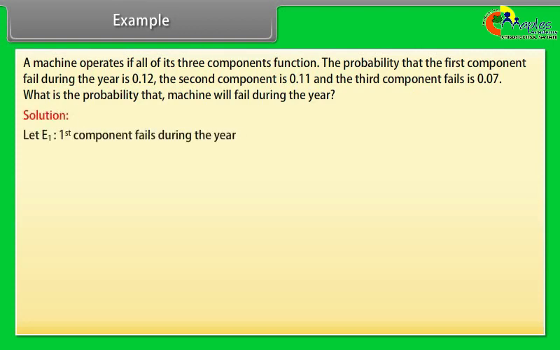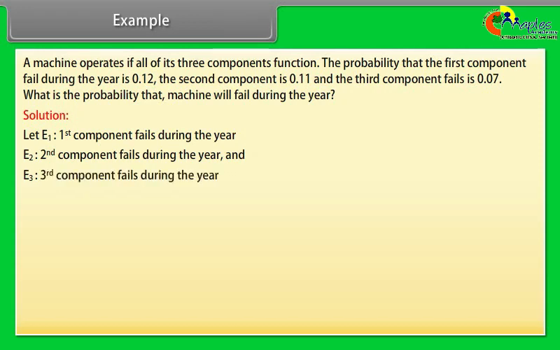Let E1: first component fails during the year, E2: second component fails during the year, and E3: third component fails during the year. P(E1) is equal to 0.12, P(E2) is equal to 0.11 and P(E3) is equal to 0.07.